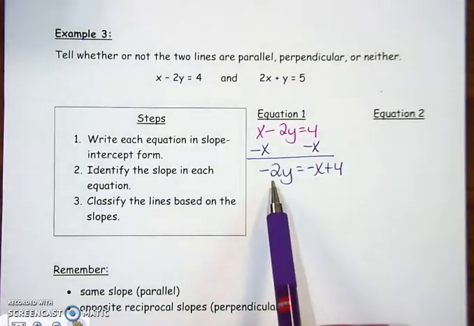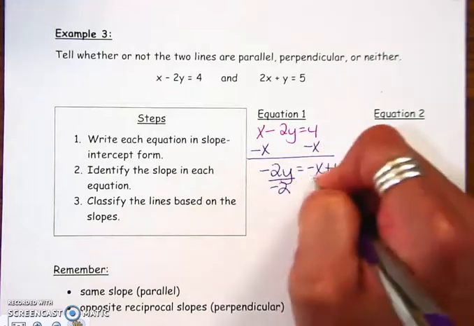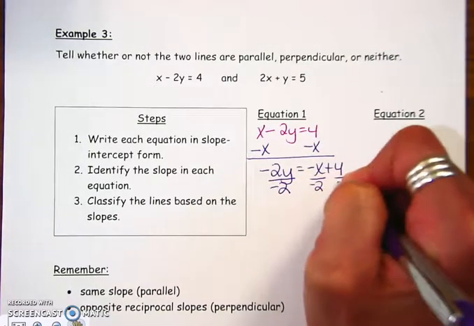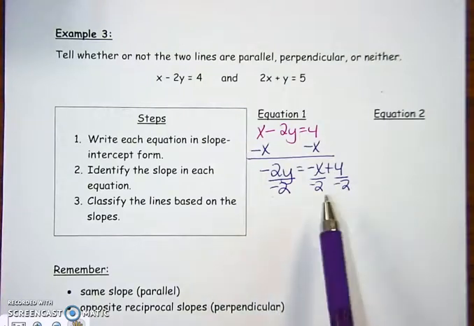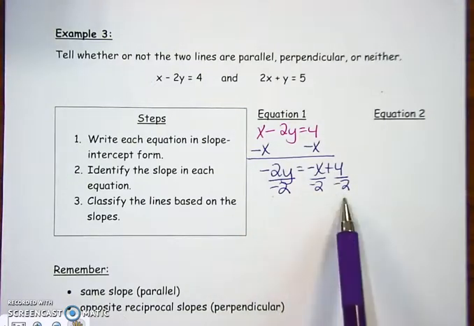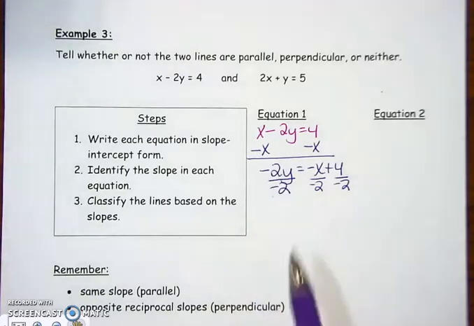Notice that the variable is in front. From here, I need to get rid of that -2. Since this is multiplication, the inverse would be to divide. Notice that what I do on one side, I have to do to every term on the other side. When I simplify this, we know the 2's will cancel out.